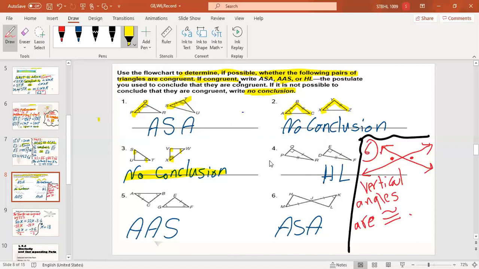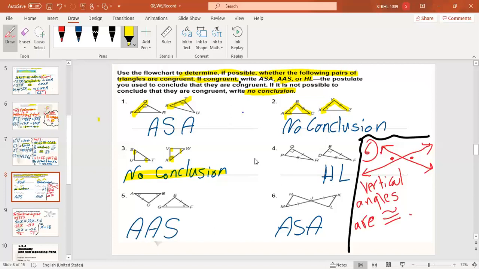About exercise number 4, it is very clear that these are 2 right triangles. To prove that 2 right triangles are congruent, we need the hypotenuse and one leg, because the right angle is already included. Let's figure out, are these congruent or not?